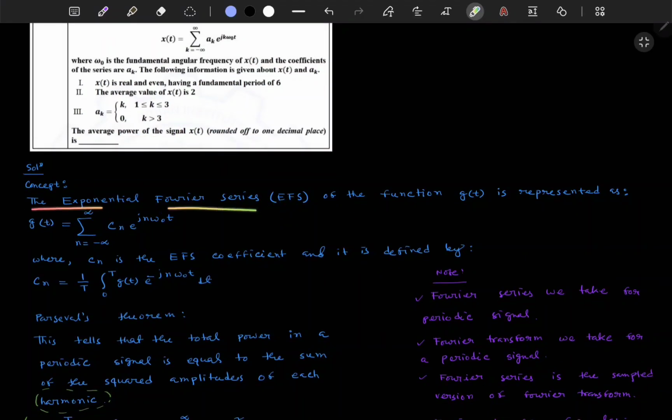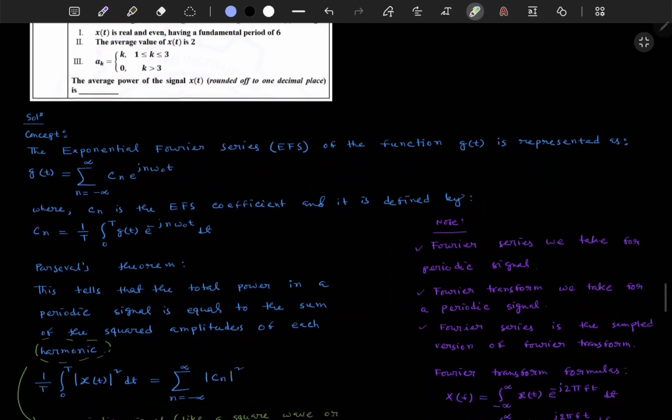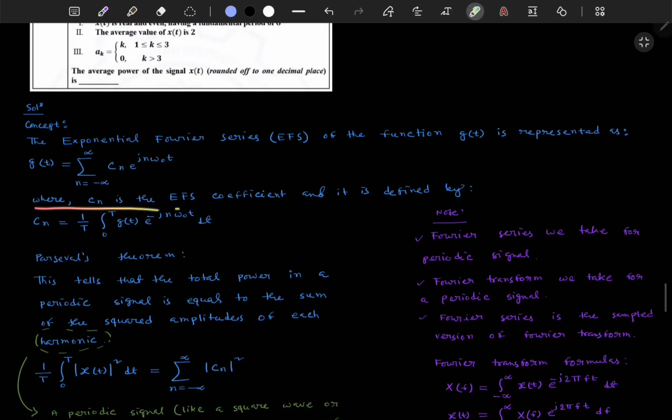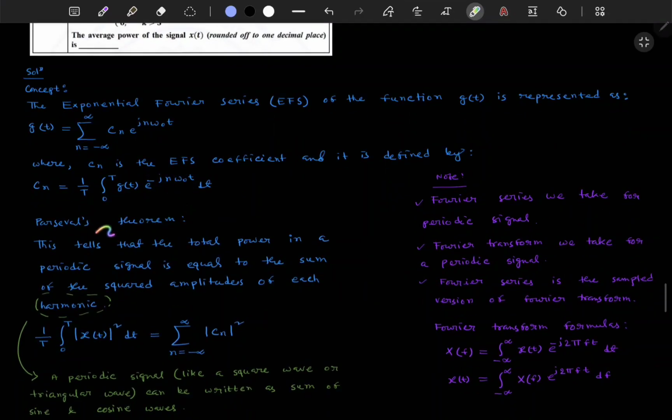The exponential Fourier series of a function g(t) is represented as g(t) equal to the summation of n from minus infinity to infinity of c_n e^(jn omega naught t), where c_n is the exponential coefficient, defined by c_n equal to 1 by T times the integral over the time period, 0 to capital T, of g(t) e^(-jn omega naught t) dt. This is the coefficient term.